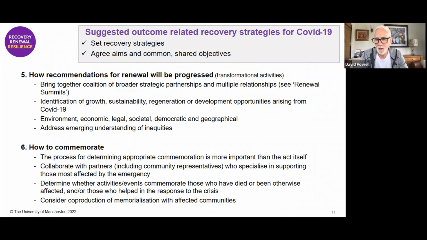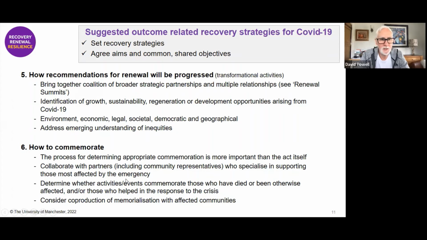One of the ones in the summit, in the ISO, for example, we've recommended is something called a renewal summit. Again, because it gives people the chance to come together, to pause, to think, share their experiences, but more importantly, it gives them the opportunity to work together collectively to start discussing where life might be improved going forward.